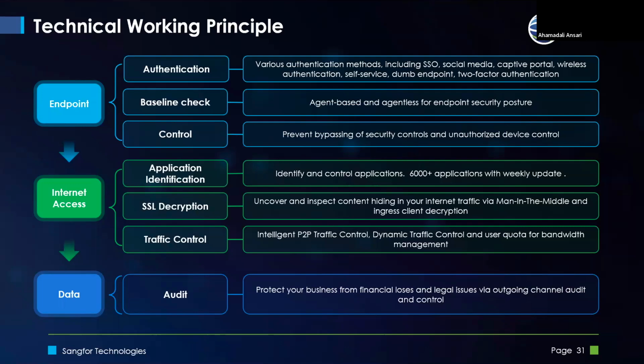And then the traffic control, the intelligent P2P traffic control and dynamic traffic control. We'll be discussing how we can achieve that. And with that, we can also assign the quota and bandwidth management. Also, the data audits can be done in terms of financial losses, legal issues, whatever traffic or data is going outside, we can also monitor that part from the IG perspective.